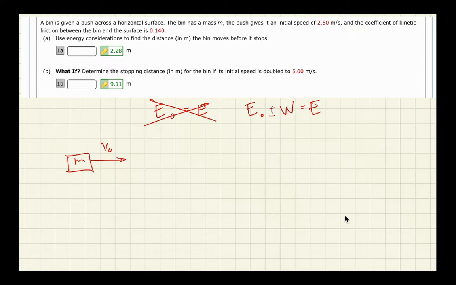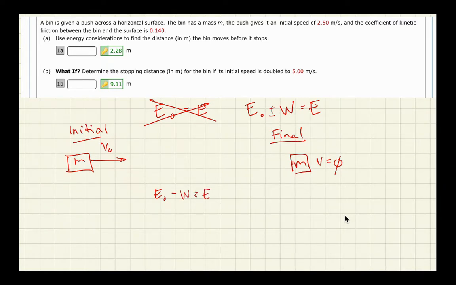And in the end, the bin is just stopped, right? V equals 0. So looking at my formula here, I would have E initial minus work equals E final.